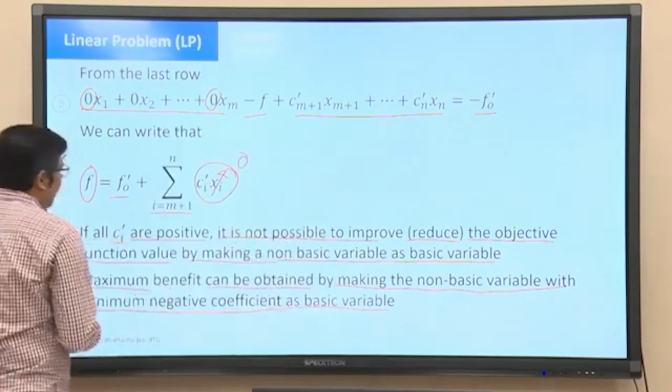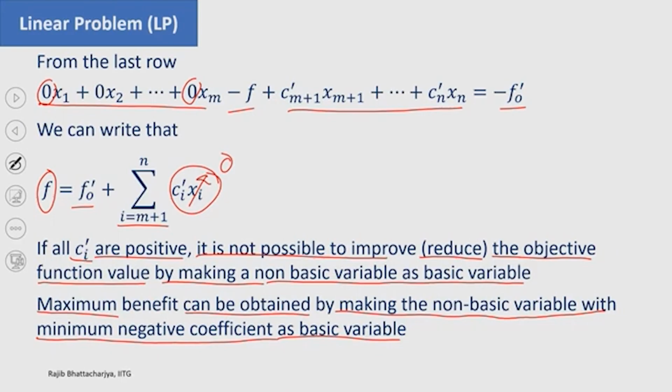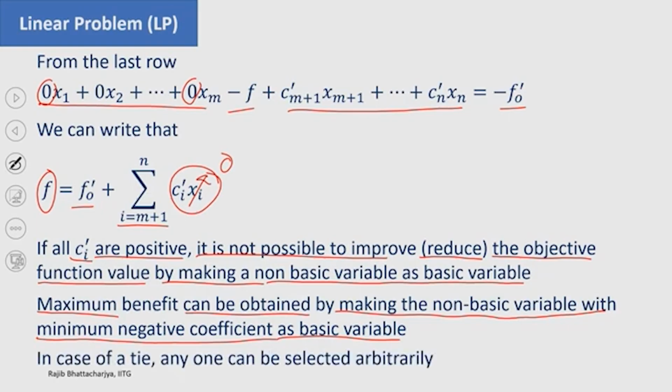So, maximum benefit can be obtained by making the non-basic variable with maximum negative coefficient a basic variable. In case of tie, as I also explained in the last class, if the coefficients of two variables are equal, I can take any one of them arbitrarily.